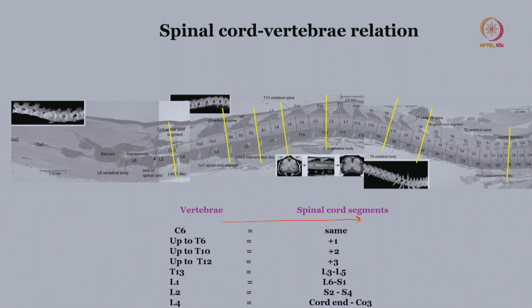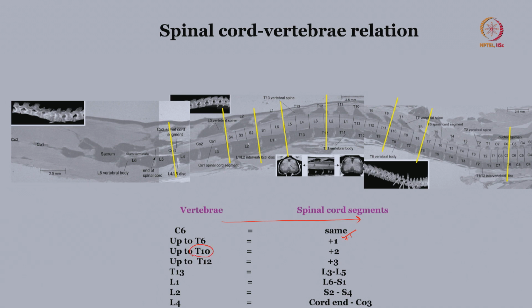I took that rule and checked whether it fits the rodent vertebra as well. Fortunately it does, and you can see until C6 the cord segment is the same, right. After C6 you need to add at least 1 to know the cord segment.